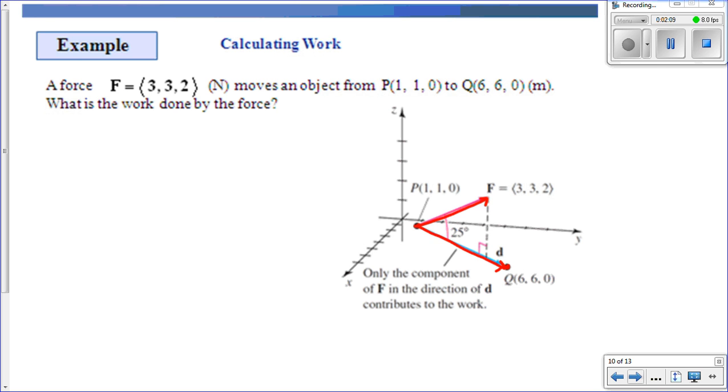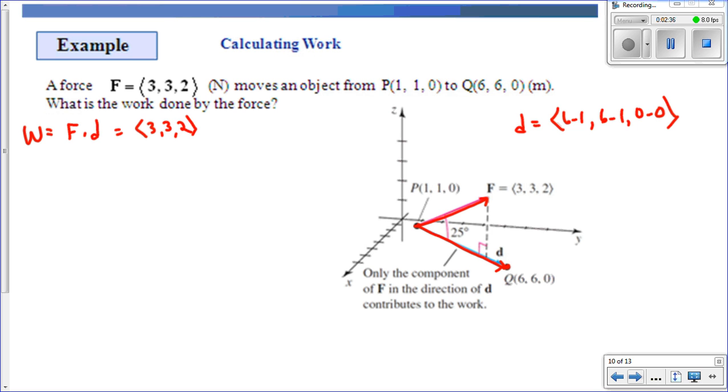So if I want to use F dot D to calculate the work, I have my force is 3, 3, 2. The displacement vector is just the vector between 1, 1, 0 and 6, 6, 0, which will be 6 minus 1, 6 minus 1, 0 minus 0.